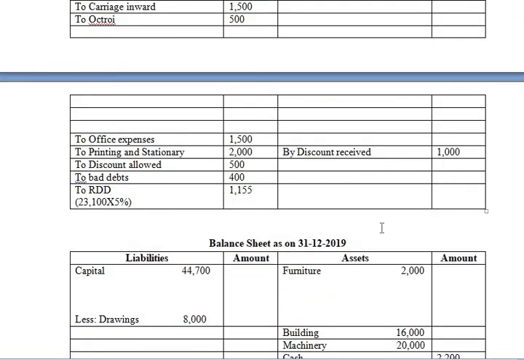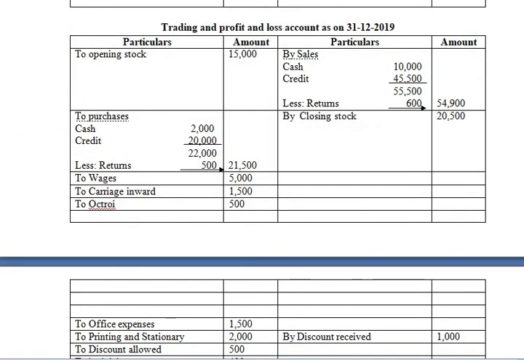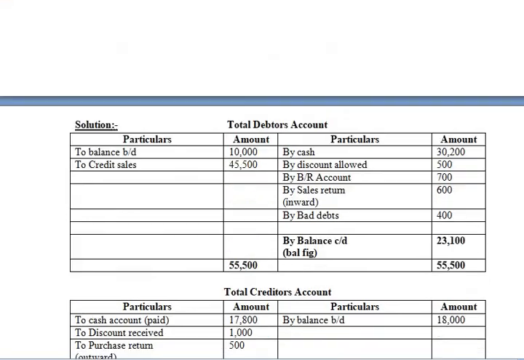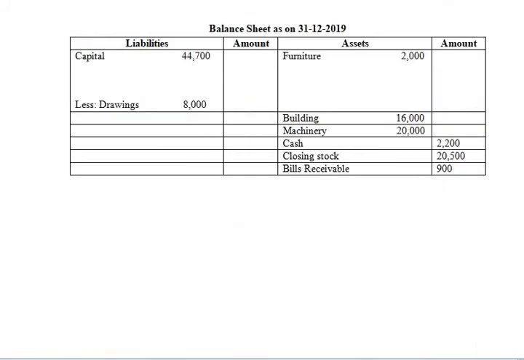One effect of RDD will be in the profit and loss account, another effect will be in the balance sheet. We will minus it from debtors. The balance of debtors has to be carried down, right? Total debtors, this amount of 23,100 has to be brought down to the balance sheet. So in the balance sheet, debtors 23,100.